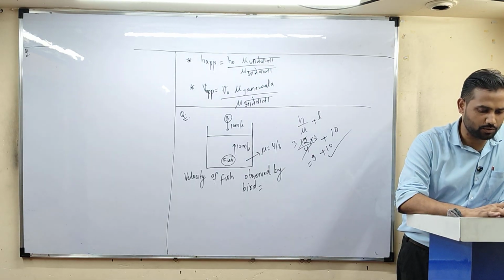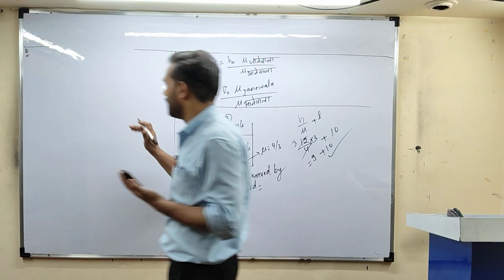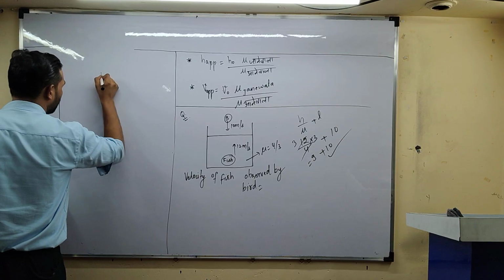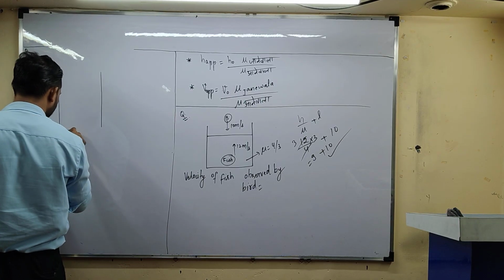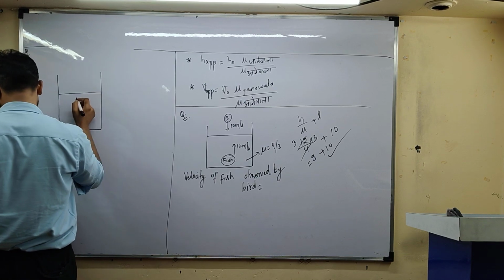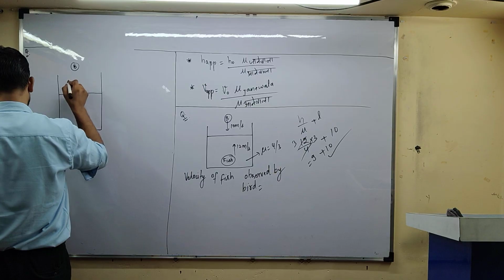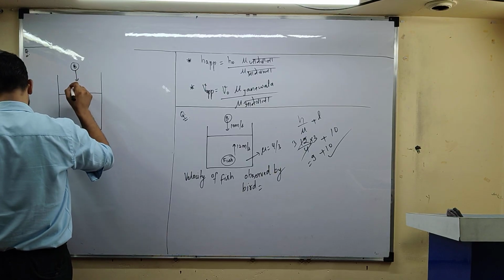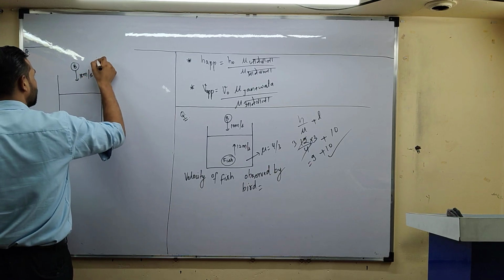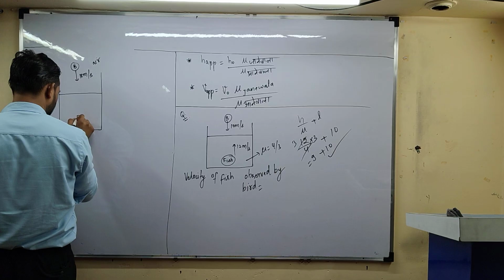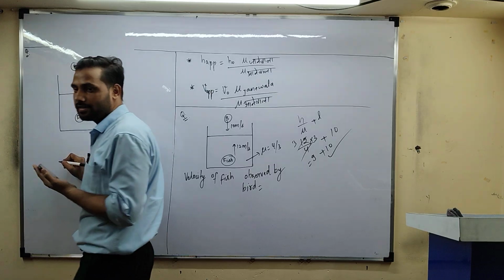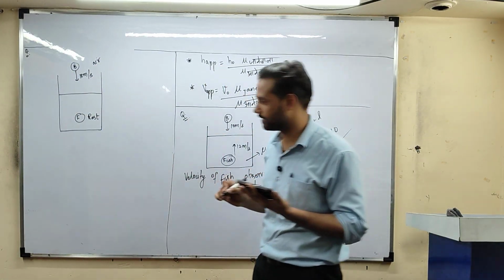Now we are going to change the scenario here. Another question. The bird has a velocity, let's say 18 meter per second, and the medium is air, and in this scenario the fish is at rest, she might be dead, who knows.